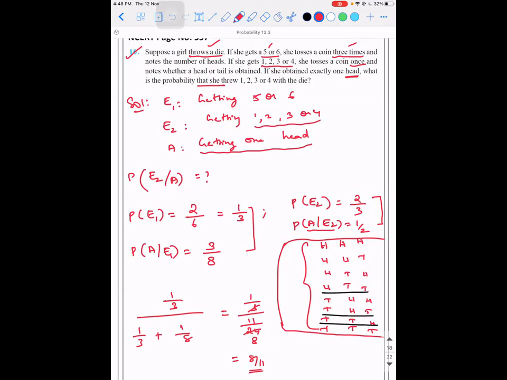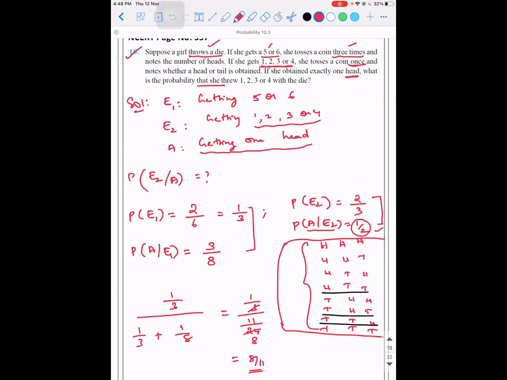According to the story, if she gets 1, 2, 3, or 4, how many times is she tossing the coin? One time. When you throw the coin one time, what is the probability of getting a head? That is 1 by 2. That is the reason why I wrote 1 by 2.